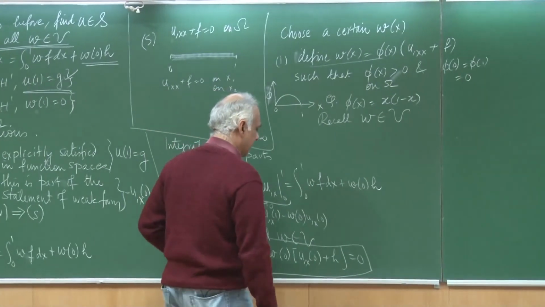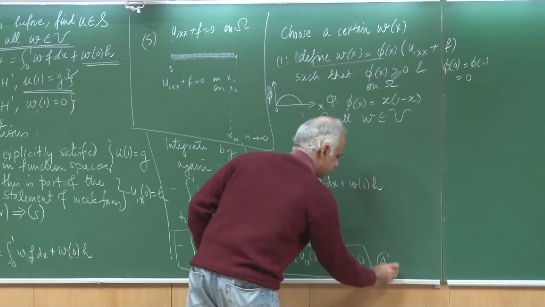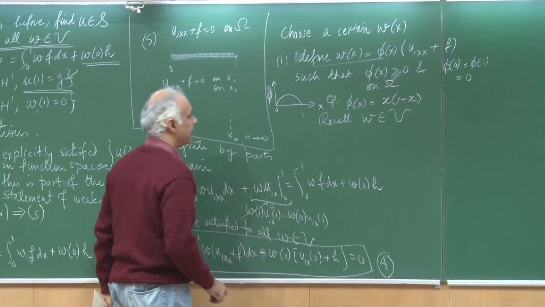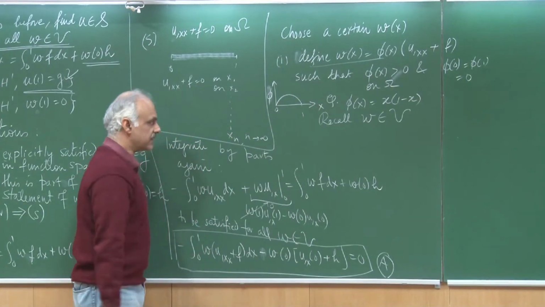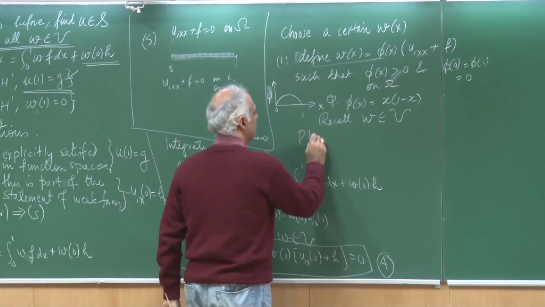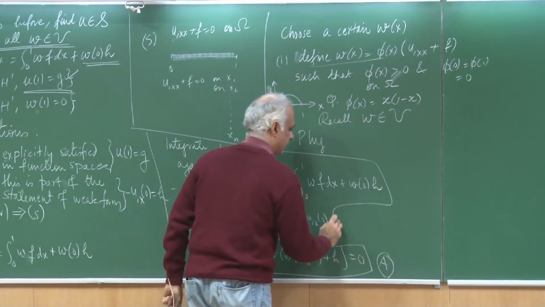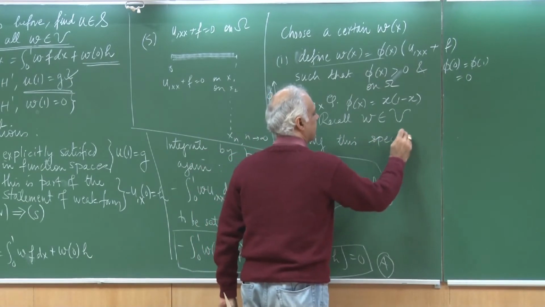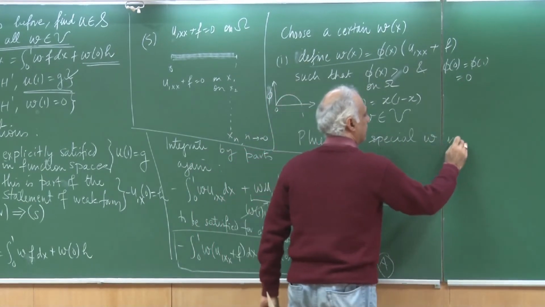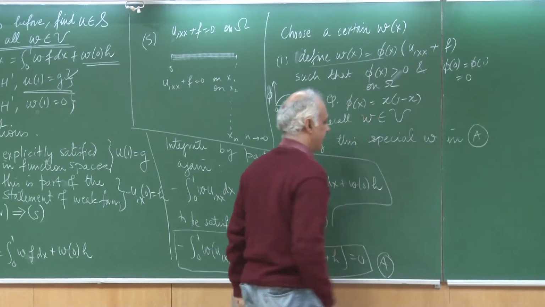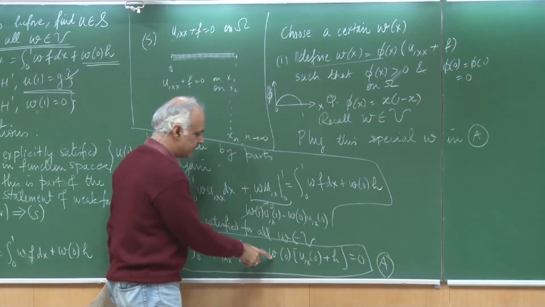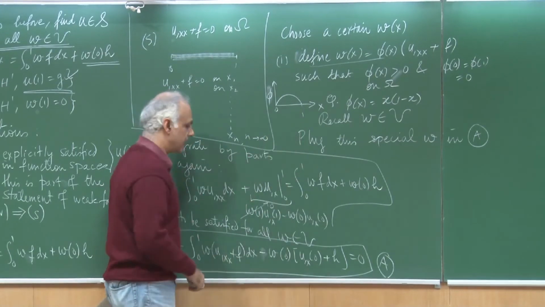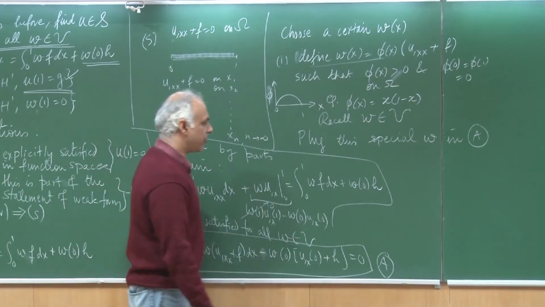Alright, so if I do that, let me call this as A. If I plug this special value of w in this equation A, I will see that my w0 vanishes, okay, because of the way I have chosen the w, and I simply get the following.